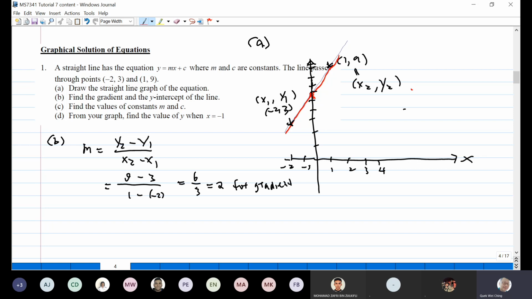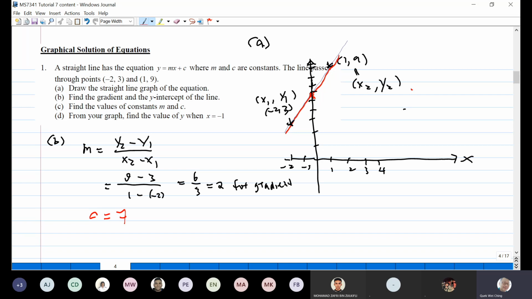Based on the answer, the y-intercept is equal to 7. If you draw the graph accurately, c is equal to 7.